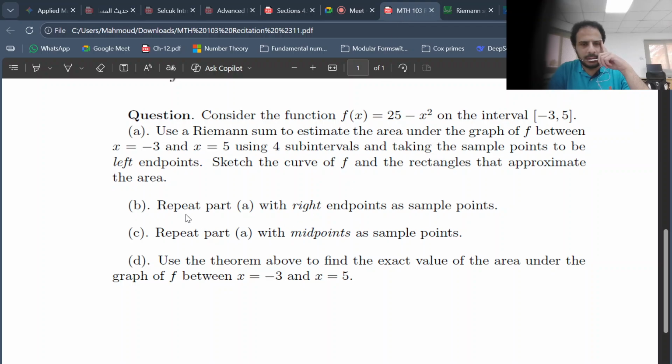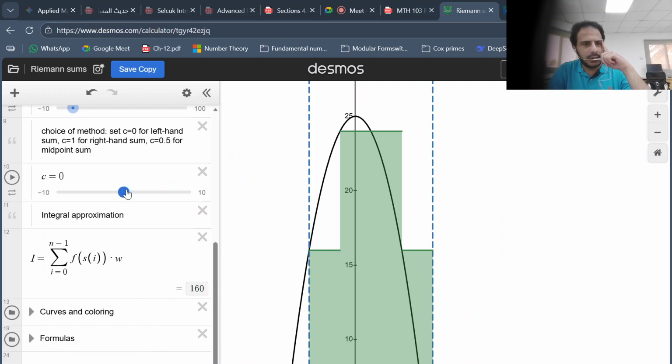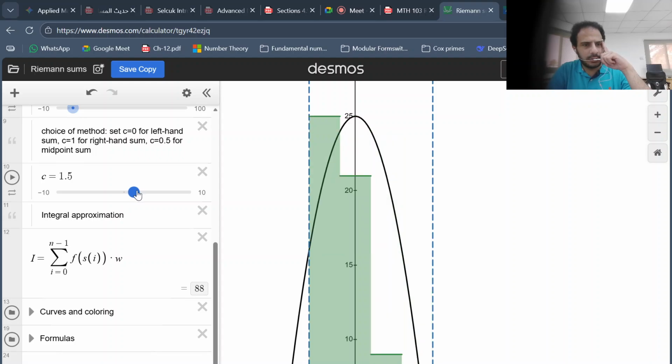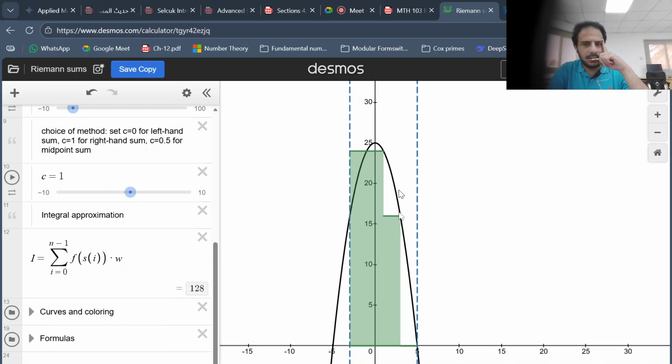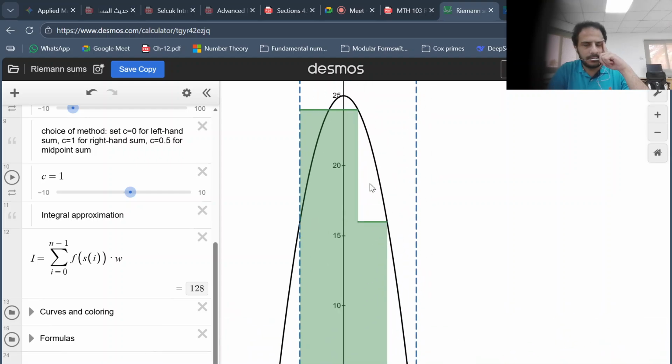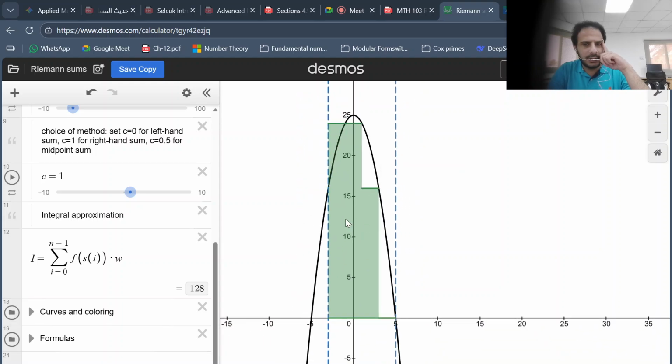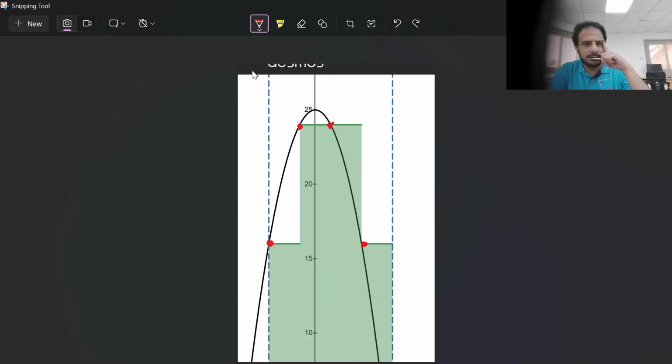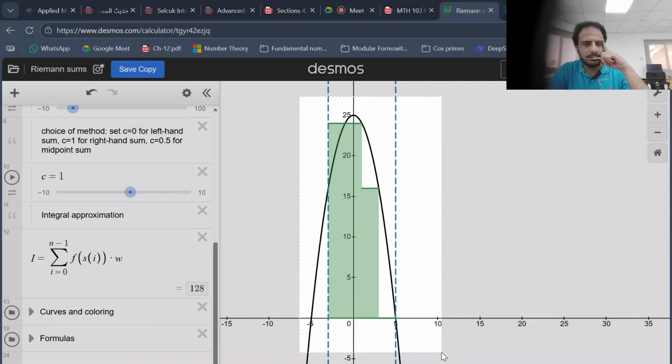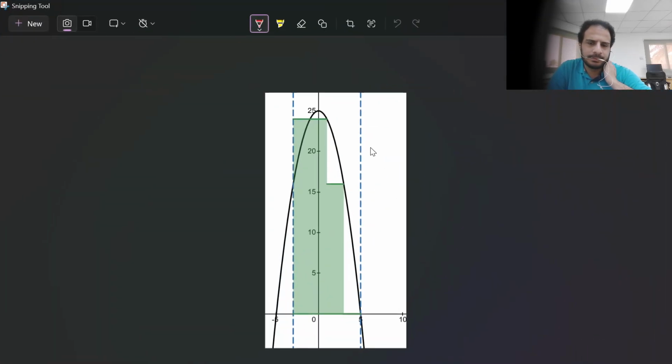Now, part B, right endpoints. Right endpoints, you make it one. Now let's explain this one. So here we are using right endpoints. So you start here. This is the first point. Because remember, when you do right endpoints, you start from here. Left endpoint, you start here.